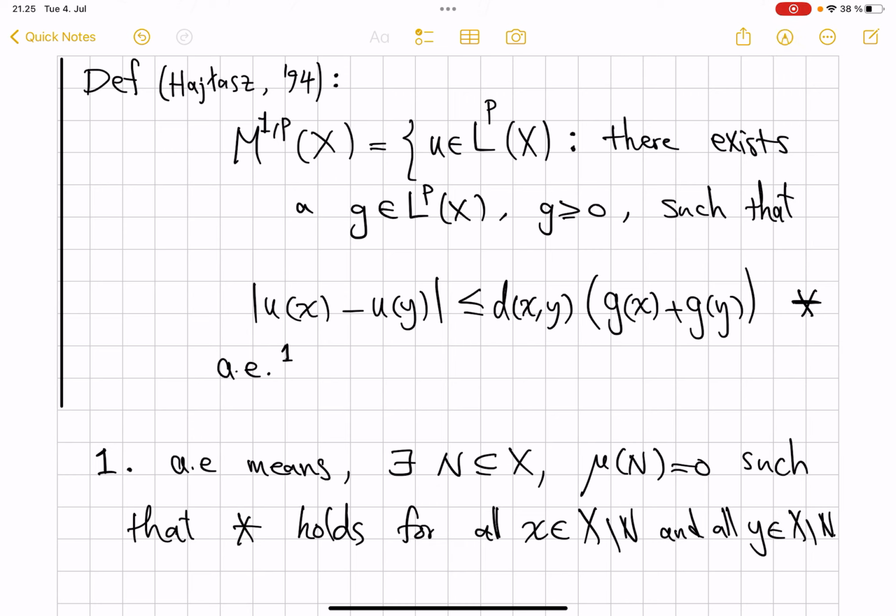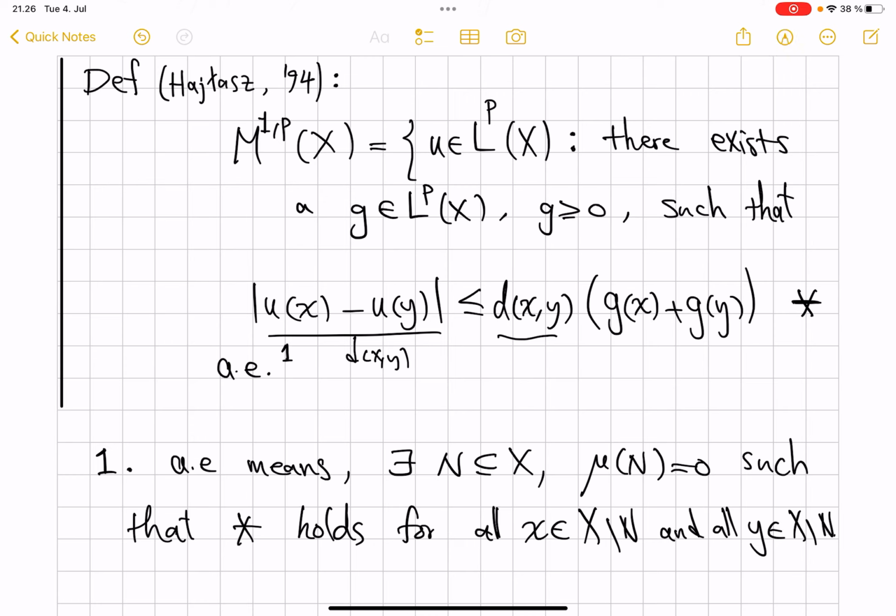So that is what is called the Hajlasz-Sobolev class, and g is often called the Hajlasz gradient of the function u. If you divide the inequality star by d(x,y), this division is familiar from the definition of derivative from calculus 1.